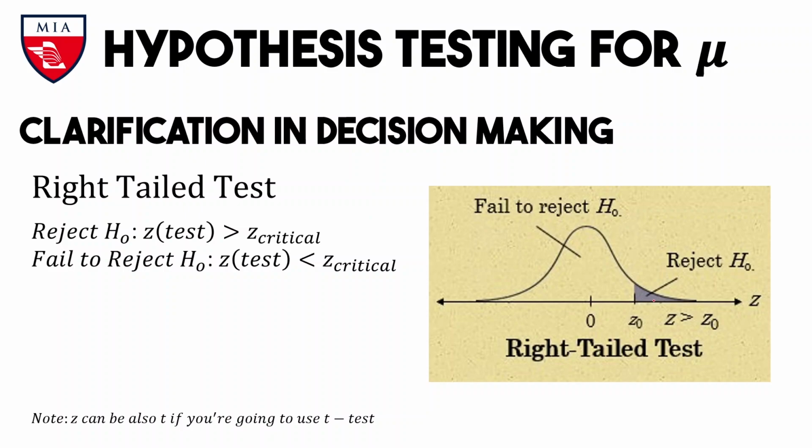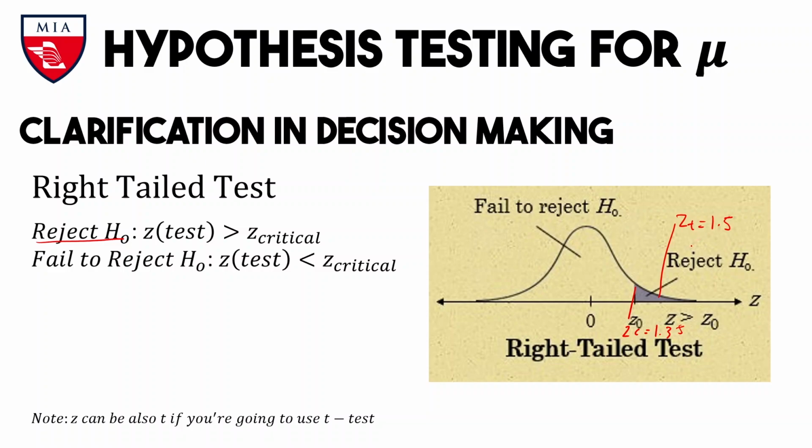For example, we have a value of z critical equal to 1.35. Say we have a z-test equal to 1.5. Therefore we can reject the null hypothesis, because the z-test value is much greater.